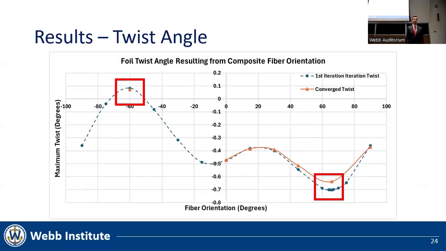Contrary to expectations, the twist did not follow a symmetric trend with the fiber orientation. In fact, bending twist coupling is often asymmetric with respect to positive and negative fiber angles because the stiffness matrix changes asymmetrically due to non-zero coupling terms, like the B matrix in classical laminate theory.